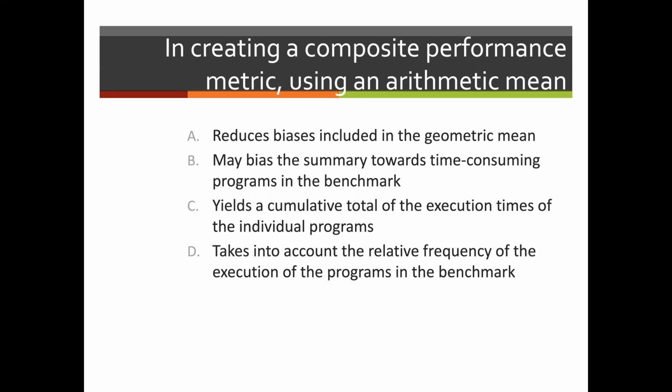Or does it take into account the relative frequency of the execution of the programs in the benchmark? If you remember, the arithmetic mean is going to be a cumulative sum. And so this could result in biasing the summary towards time-consuming programs in the benchmark.